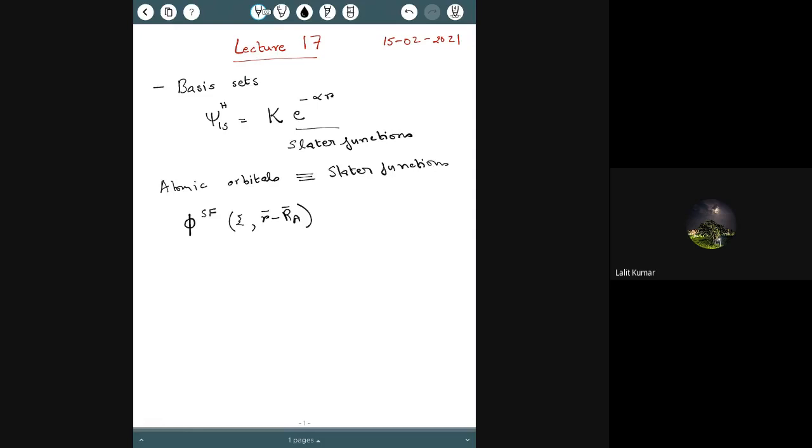And this looks like some constant which may or may not depend upon zeta. Sorry, xi. This is some function of xi, and you have e to the power minus xi modulus r minus Ra. So that is the definition of a Slater function centered on atom A.